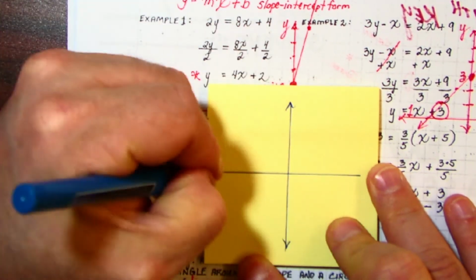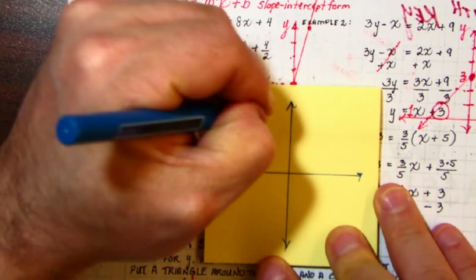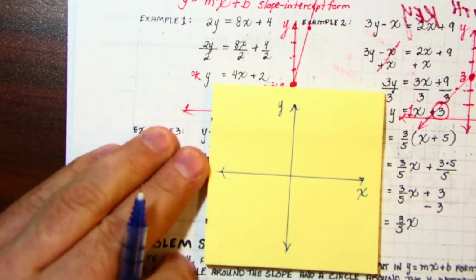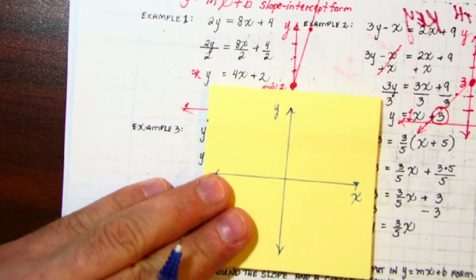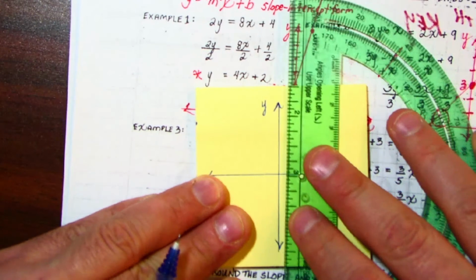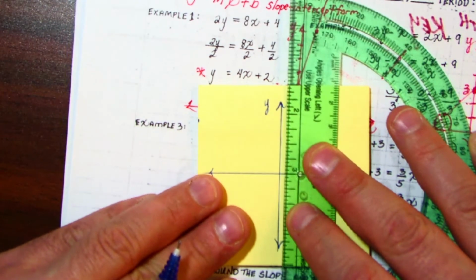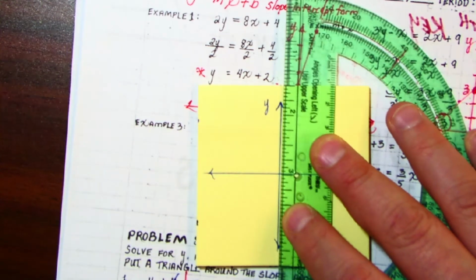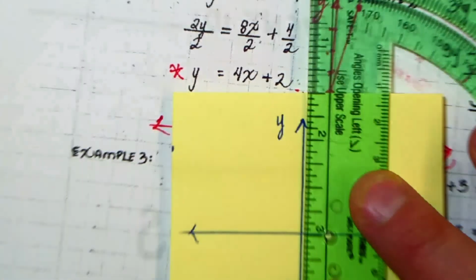Arrowheads, Y and X. Now, what I meant was, take your protractor and turn it vertically.